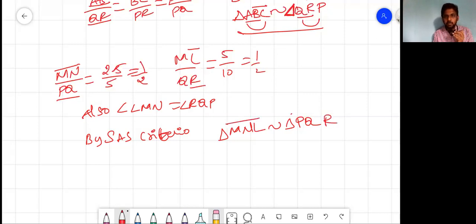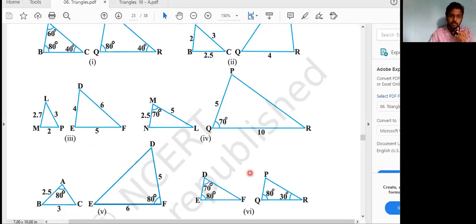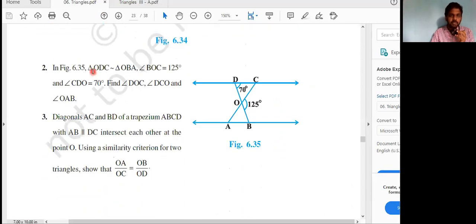So here also you can write it like this. LMN, RQP, both are the same. So you can write it like this also or like this also. Both are the same. Right? So we have seen one problem in all the criterions. The second one, I think you can try the second one.